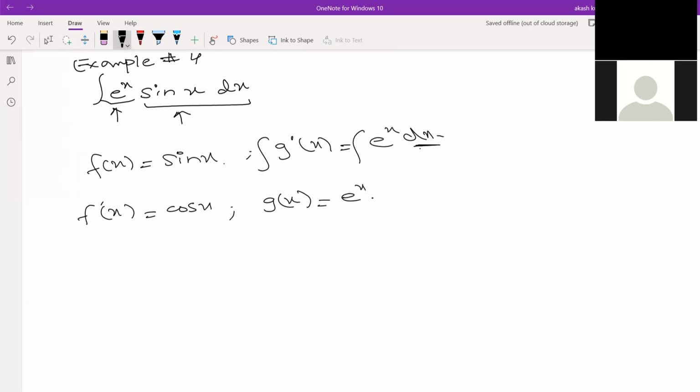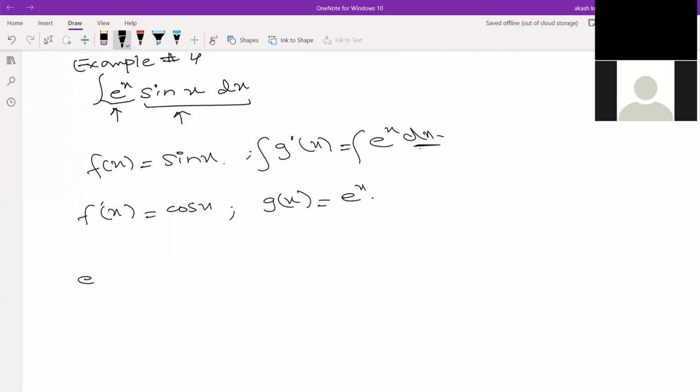Yes, the derivative of sin x is not minus cosine x, because we are differentiating it, not integrating. The differential of sin x is cosine x. The integral of sin x is minus cosine x. Okay.